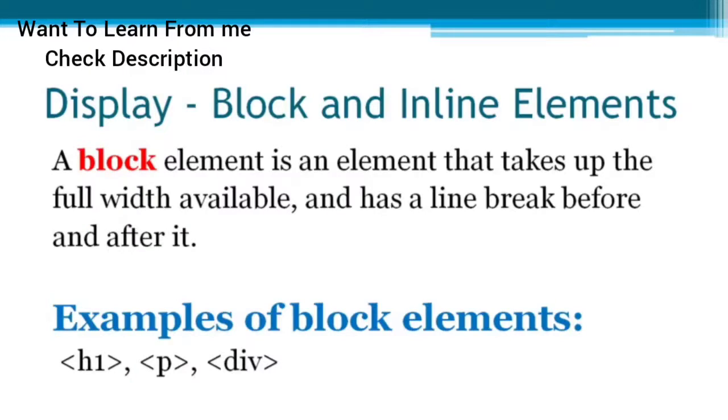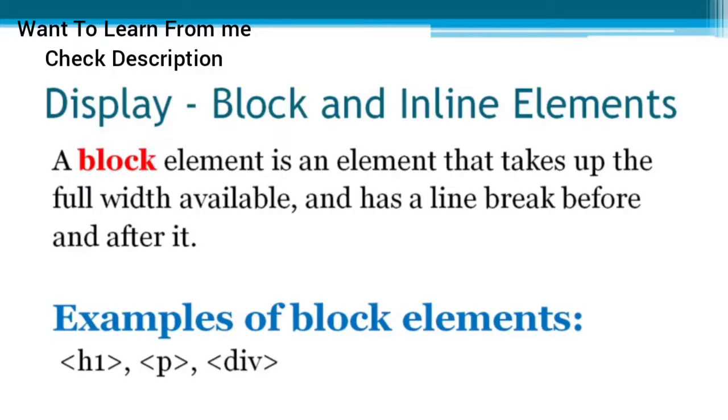Now when we are talking of the display property, basically there are two element types, like one is the block and the other is the inline. So when we talk of a block element, it means that it will take up the full width that is available of the browser window, and it will have a line break before and after it. For example, the H1 tag, whenever we are defining a heading, it will always be written in one single line.